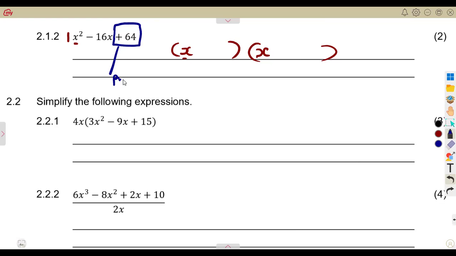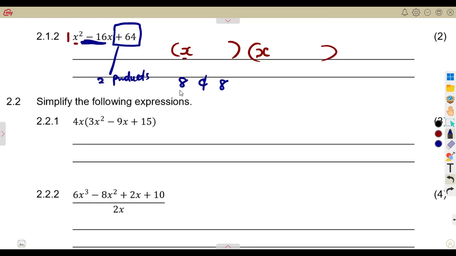You have to find the products or 2 factors which you multiply, you get 64. But when you add these products, they must give you negative 16. 2 numbers, guys. Let's think of 2 numbers. You multiply these 2 numbers, you get 64. There are so many numbers. You might think of 8 and 8. 8 times 8, it's 64.